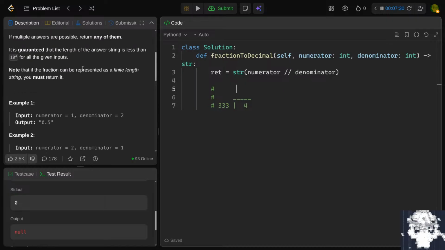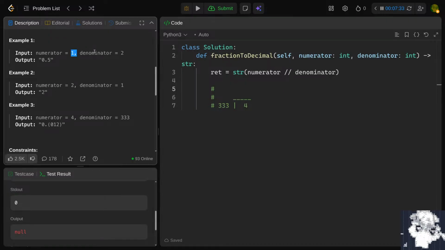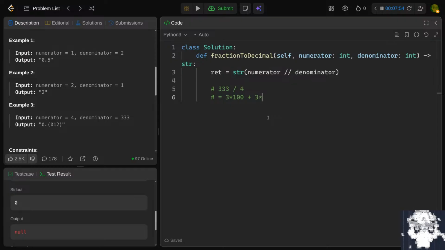So can I turn a division into something that I do for each digit? Basically, 333 divided by 4 is equal to 3 times 100 plus 3 times 10 plus 3 times 1, divided by 4.